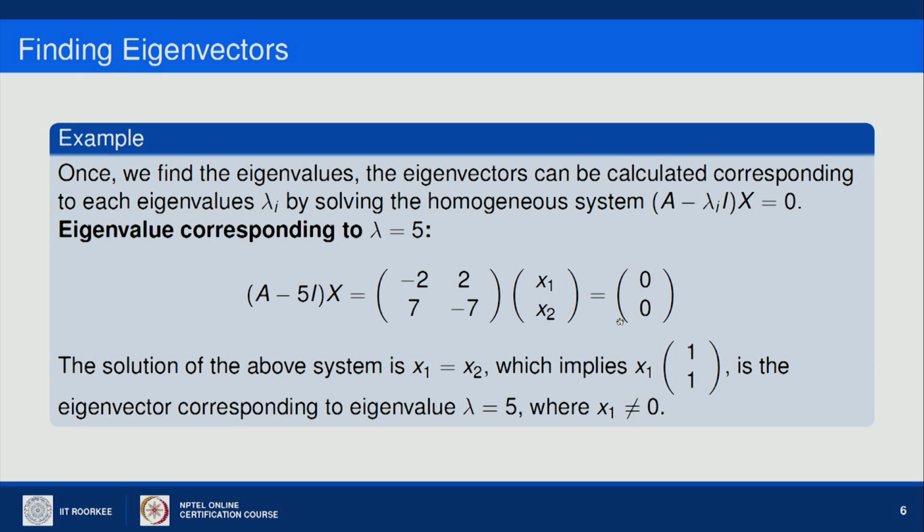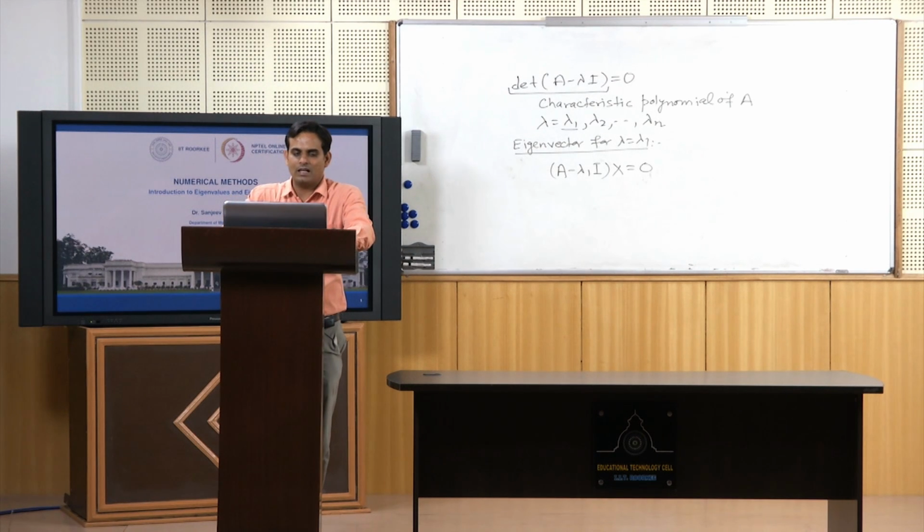Basically both are the same equation, they are linearly dependent, and the solution is x1 equals x2. So, we choose x2 as 1, so x1 will be 1, hence (1, 1) is an eigenvector corresponding to eigenvalue lambda equals 5.